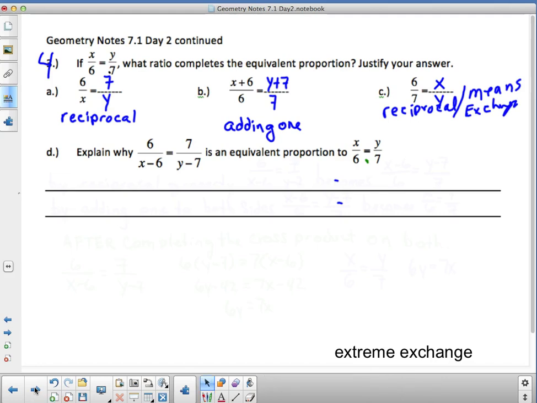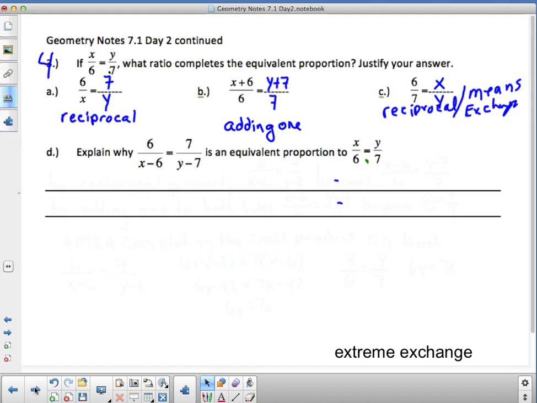For some reason, I thought I saw this 7 over 6. I apologize for that when I made that up. I was like, oh, good for me. I did that. Not good for me. Okay. So it was a reciprocal. It flipped the 6 up, and I exchanged the means, and that's how I got there. Those are the two properties I did, the combo property. Are you okay with how I got there? That one's a little tougher, but does it make sense as I think about the properties?